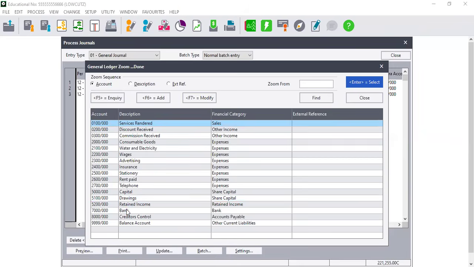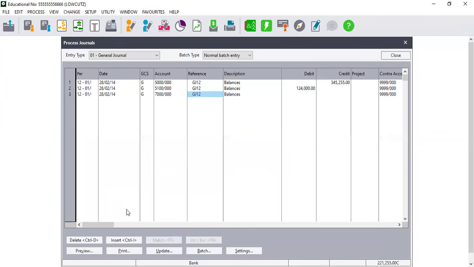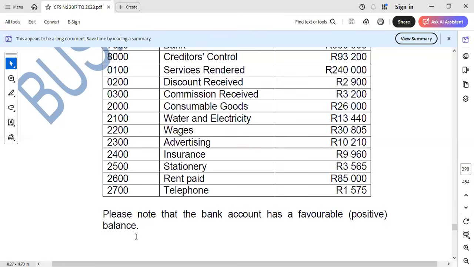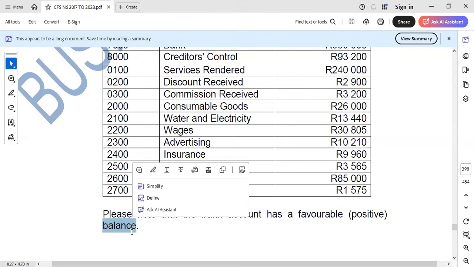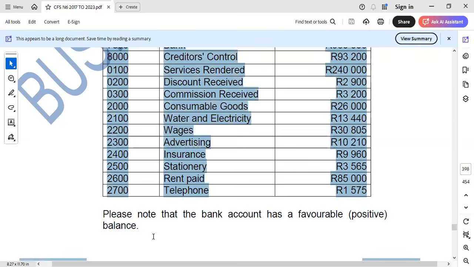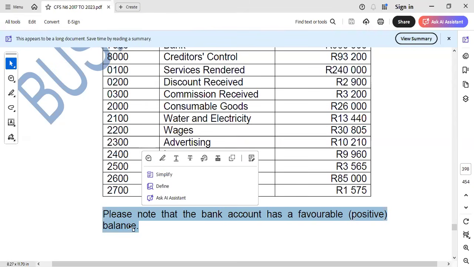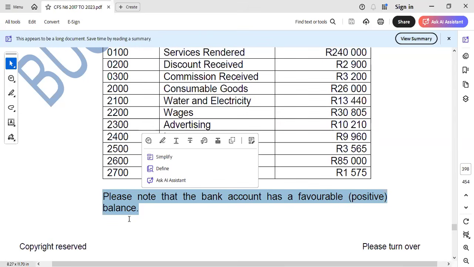we have bank. Did they say anything about bank? Now, this one is very, very important as well. Please note that the bank account has a favorable, positive balance. So if it's positive, it's debited.